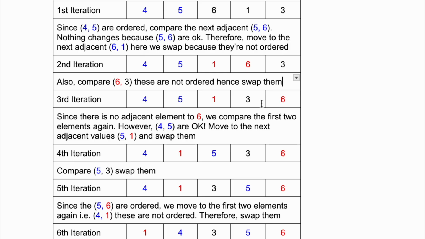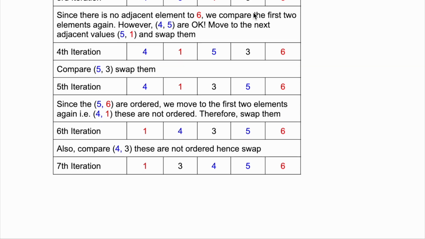Okay, now let's continue. The question is, is this list in order? No, because we still have 1 and 3 in the middle of the list. Meanwhile, they are supposed to be in front of 4. Okay, so what do we do?